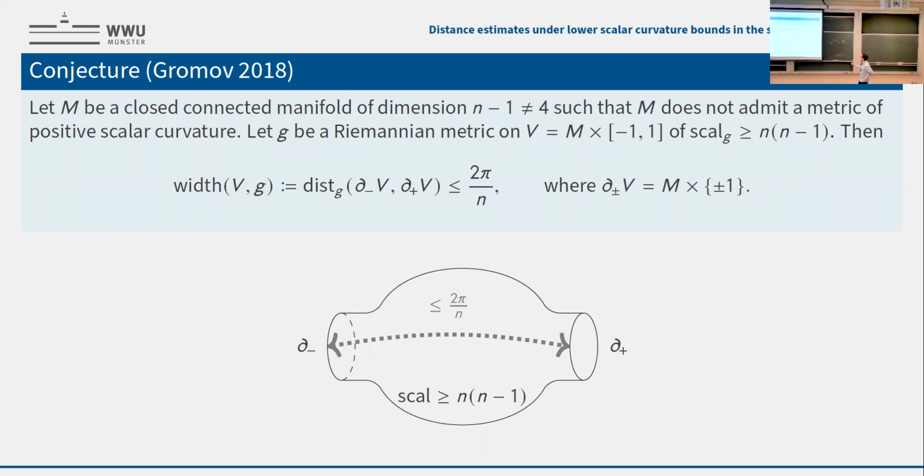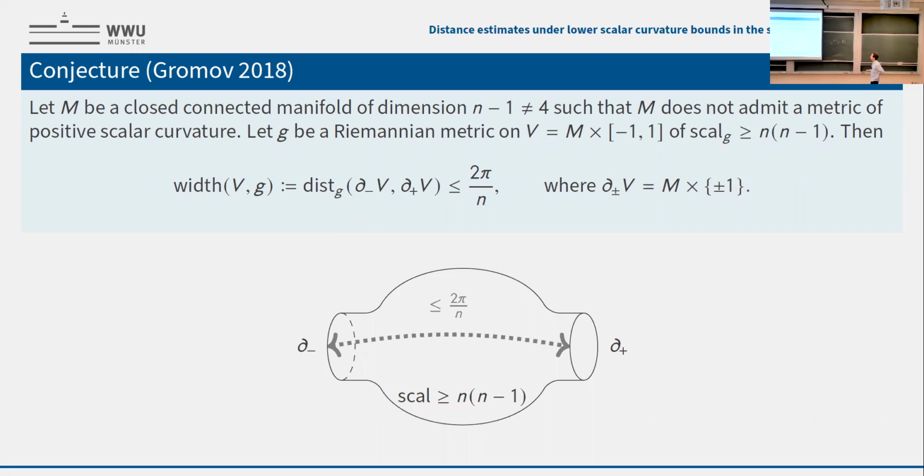The length of this interval does not matter. And we want a scalar curvature lower bound of n times n minus 1. And then the prediction is that the width, which means the distance between the two boundary components here, must always be bounded above by 2 pi over n, which is precisely the number that we saw in this explicit example that I showed you on the previous slide.